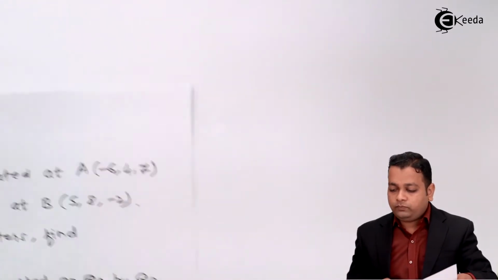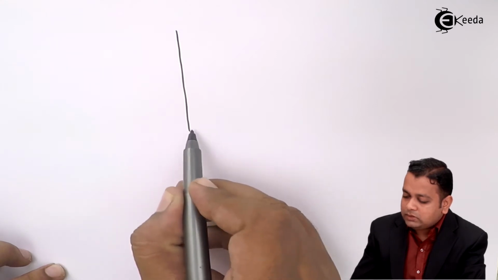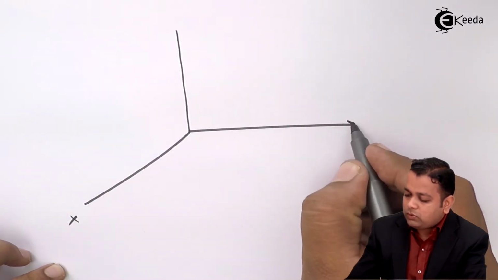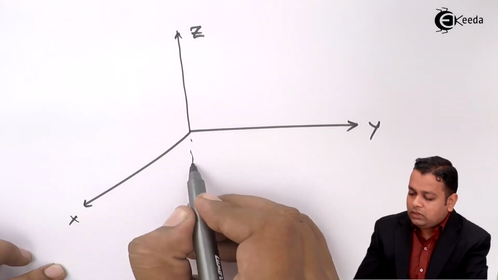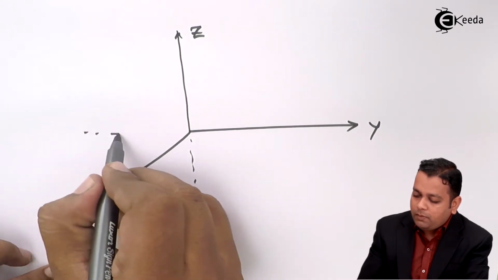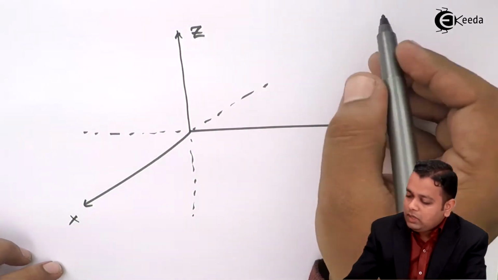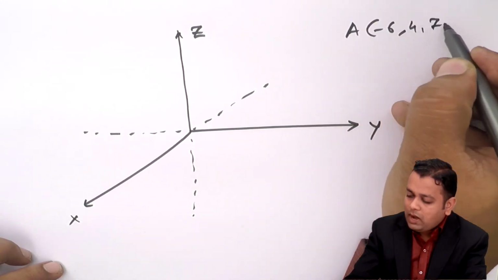So in space we consider the three axes: Z axis, Y axis and X axis, with X positive, Y positive and Z positive, and minus Z, minus Y, minus X as well. Point A has the location minus 6, 4 and 7.